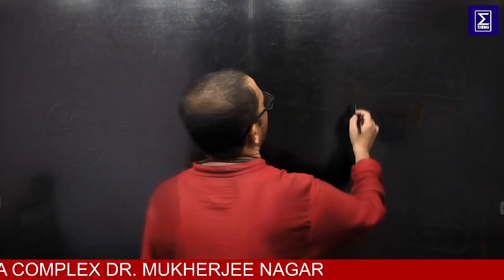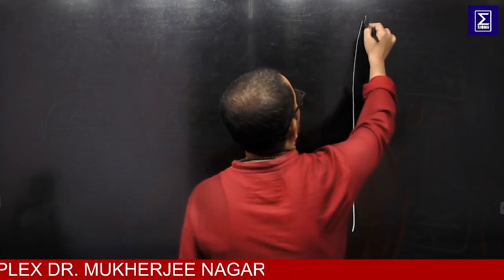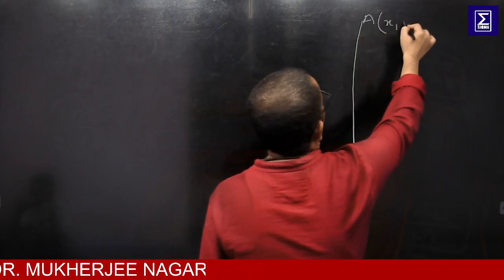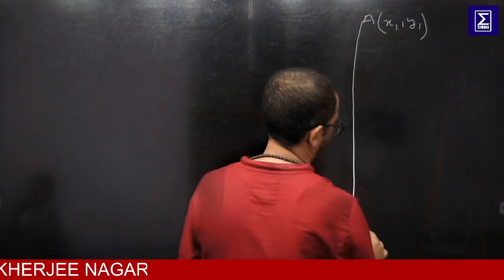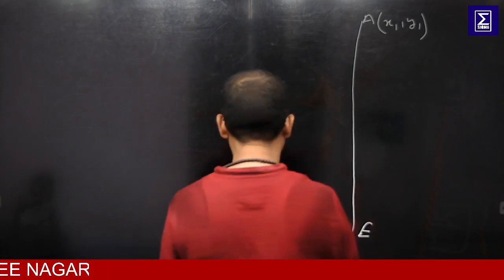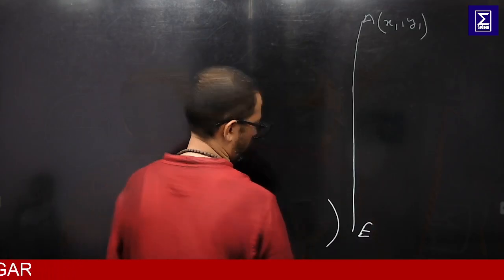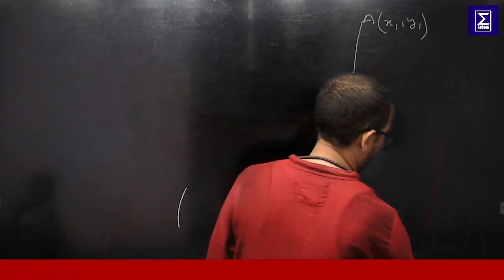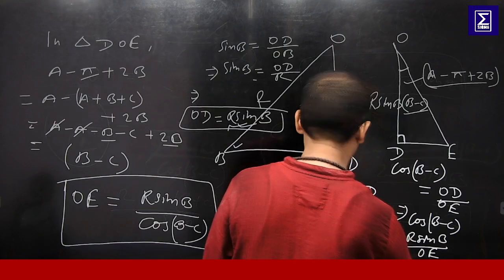So moving to the next slide, this is your A, the coordinate of A is x1, y1. This is your E, the coordinate is already written here. Let me write it one more time. What is the coordinate?